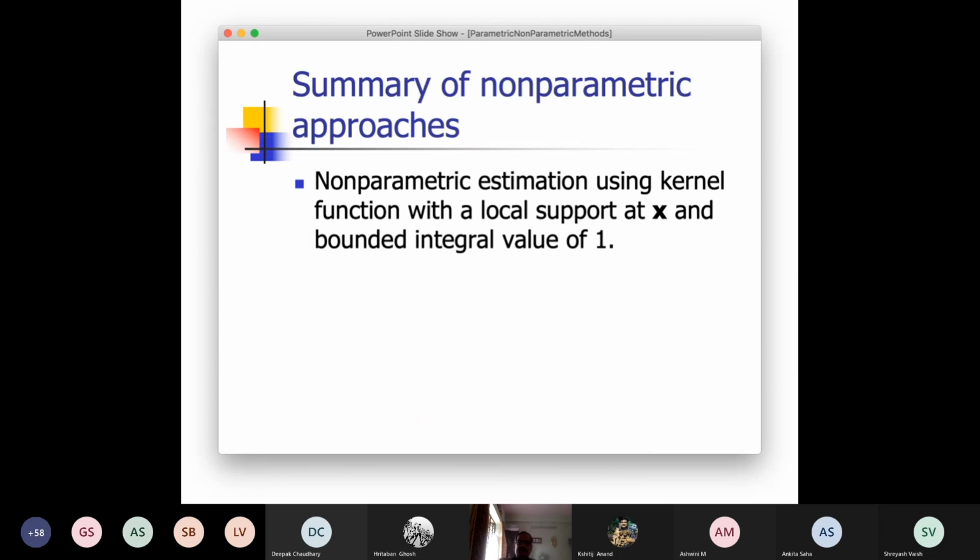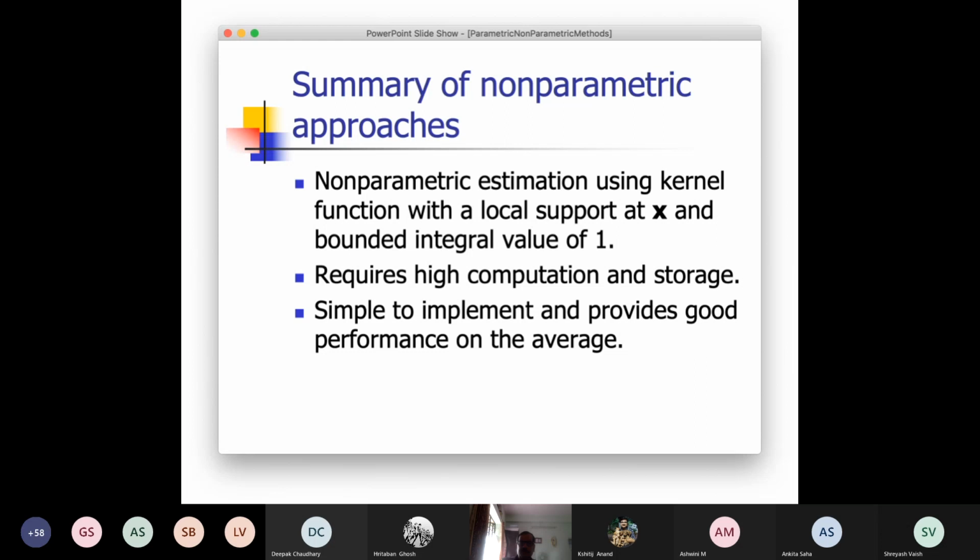With this, let me summarize the non-parametric approaches. We have seen how parametric approaches are dealt with. In the non-parametric approaches, as I mentioned, we are again estimating the probability density functions, but without using any parameter. We are using kernel functions. Every data point is used for estimation of that probability density function, and the kernel function is defined such that it has a local support and a bounded integral value of 1. Naturally, since every time you are using the whole training data set or input instances, it requires high computation and also storage.